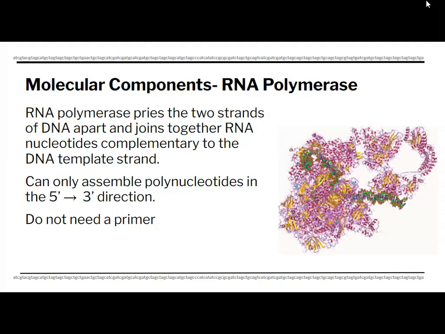So it pries the DNA strand apart, adds RNA nucleotides to the template DNA strand, can assemble nucleotides in the 5' to 3' direction only, and does not need a primer. Very versatile enzyme. So that's one of the first molecular components of transcription.